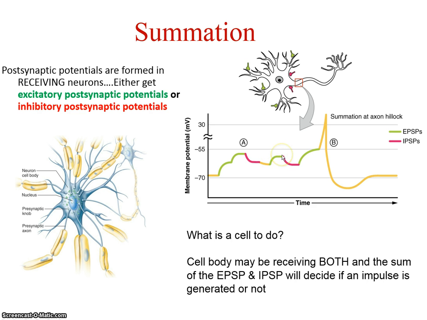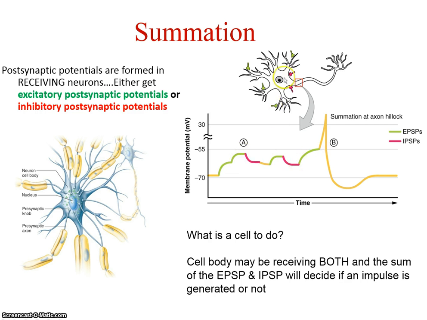More stimulatory, some inhibitory, and then finally that fourth excitatory one takes us to threshold. If it's inhibitory, it's hyperpolarizing, really causing repolarization. If it's excitatory, it's causing depolarization.